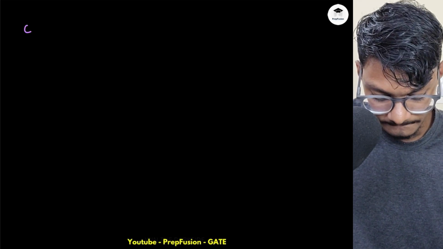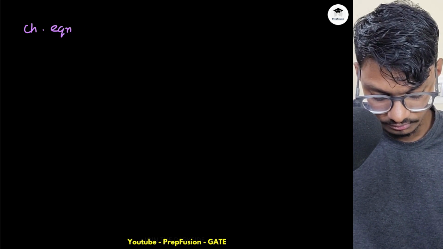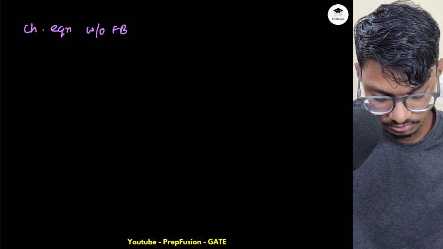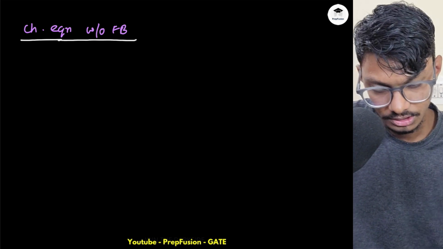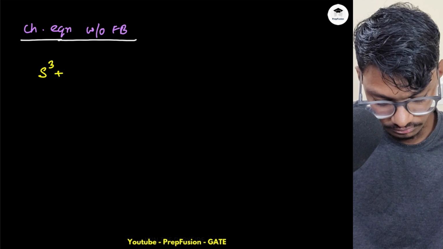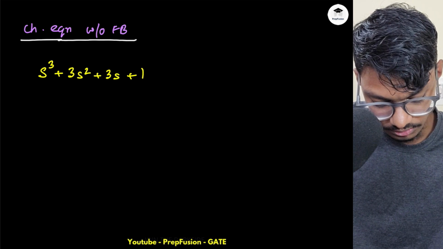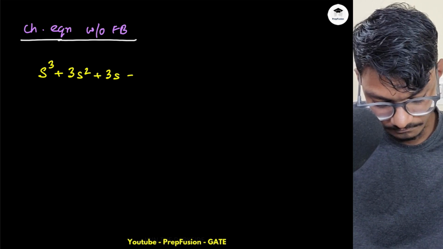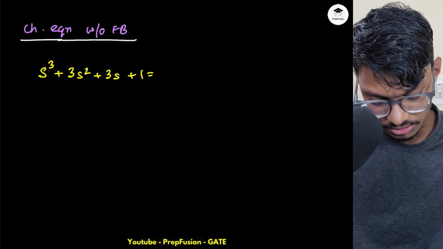So basically, the characteristic equation without feedback will be s cube plus 3s square plus 3s plus 1 equals 0.